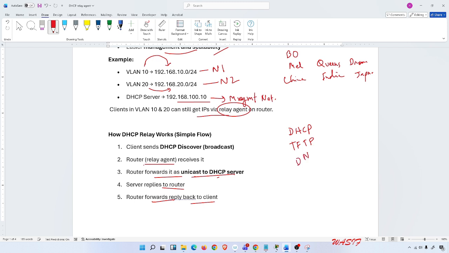If you have a DNS server, then NetBIOS, the relay agent works for all of them. Now, in order to configure them, you don't need to do anything different. If you use the same command, ip helper-address, it works for all those services. However, people don't speak about those things because in the exam it mostly comes with the DHCP. But for the knowledge, you know that it is not only for the DHCP; it can work for TFTP, DNS, and NetBIOS, and you don't have to do anything. By default, it works for all these services.